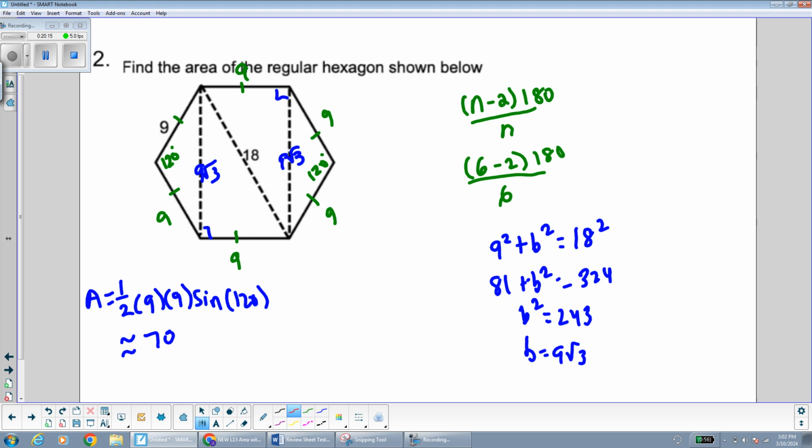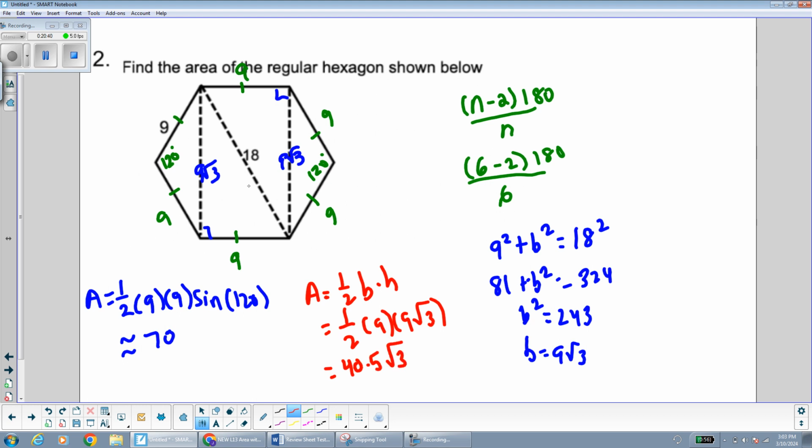So area is 1/2 base times height. The base is 9. The height is 9 radical 3. So we have half of 81 radical 3, and half of 81 is 40.5. So I have 40.5 radical 3.